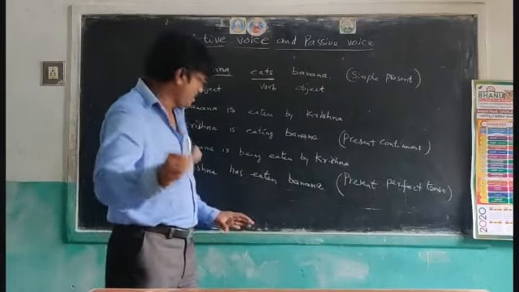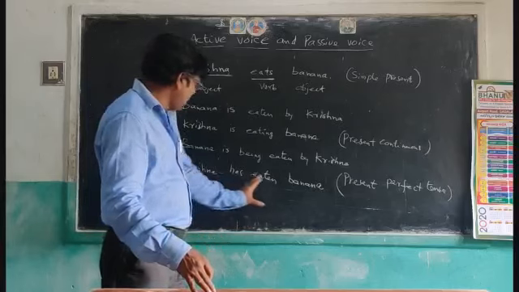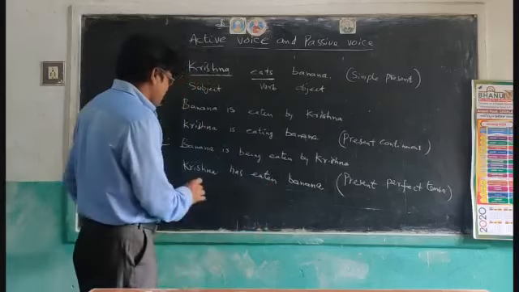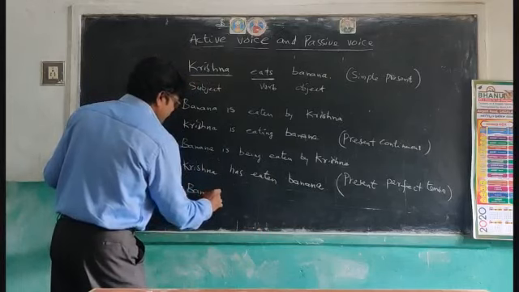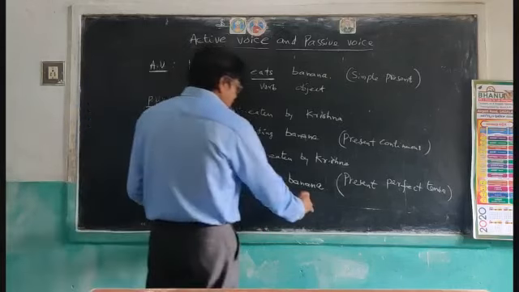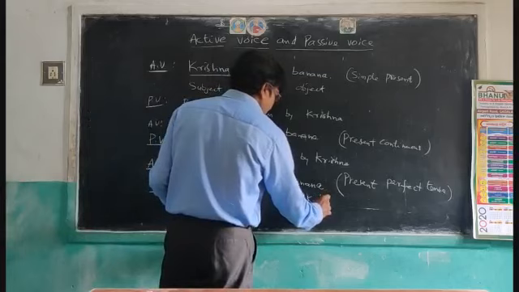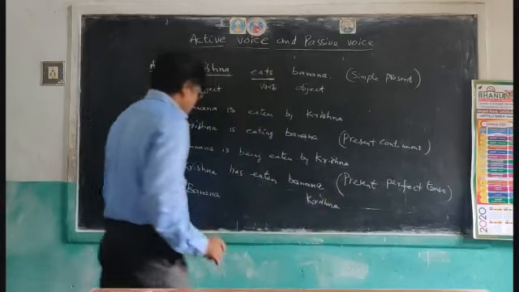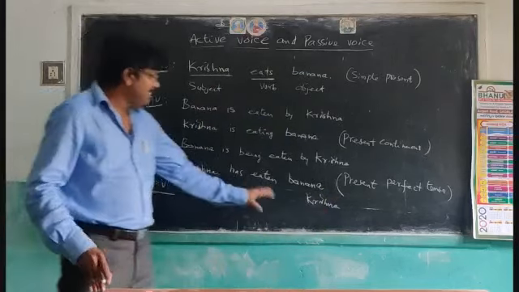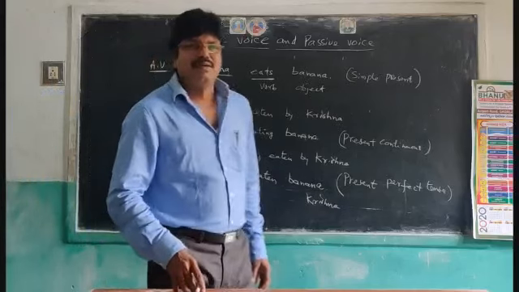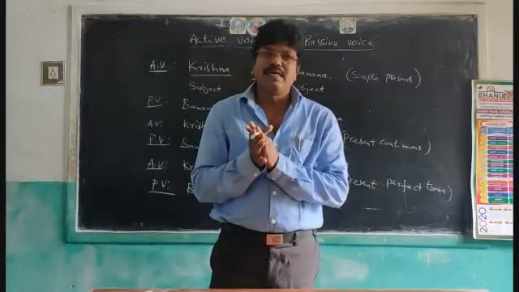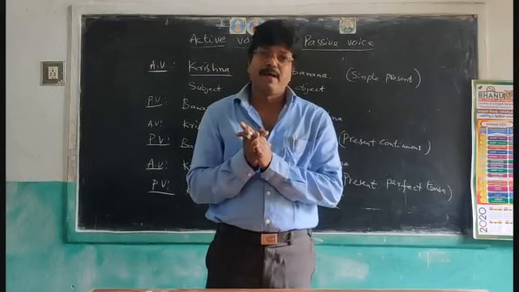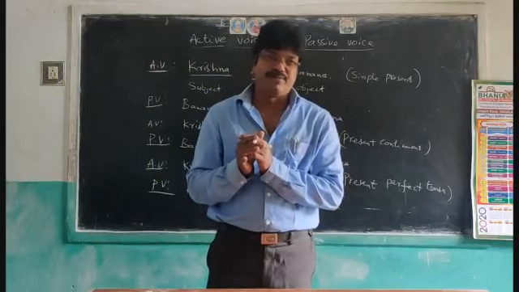Very closely observe and listen. Krishna has eaten banana. Immediately change: banana we write as subject, Krishna as object. Which be form shall we use in perfect tense? Already I gave you a tabular form.